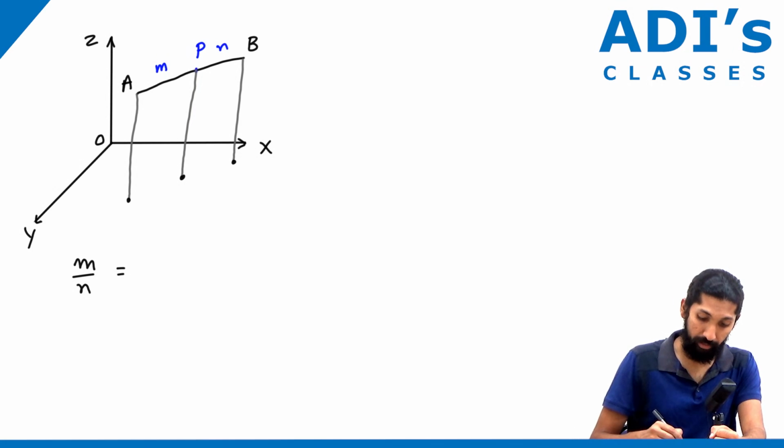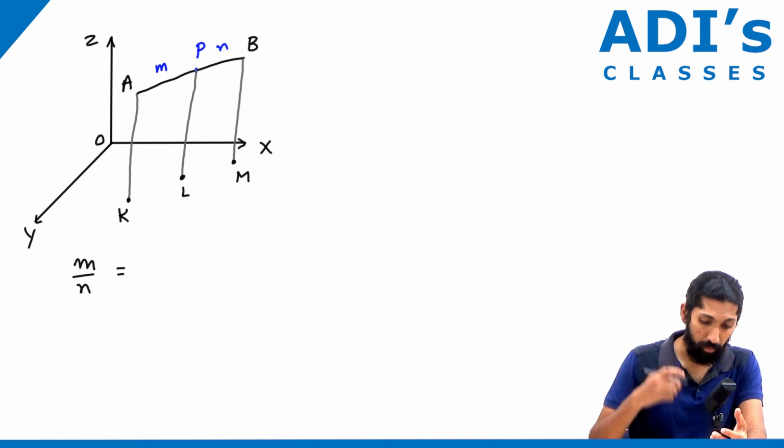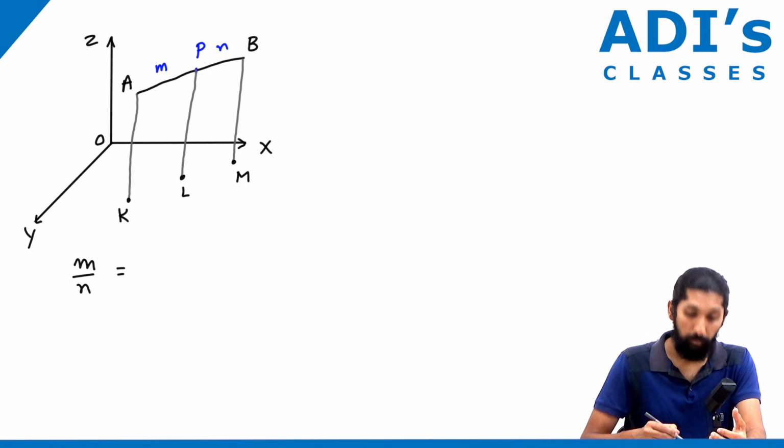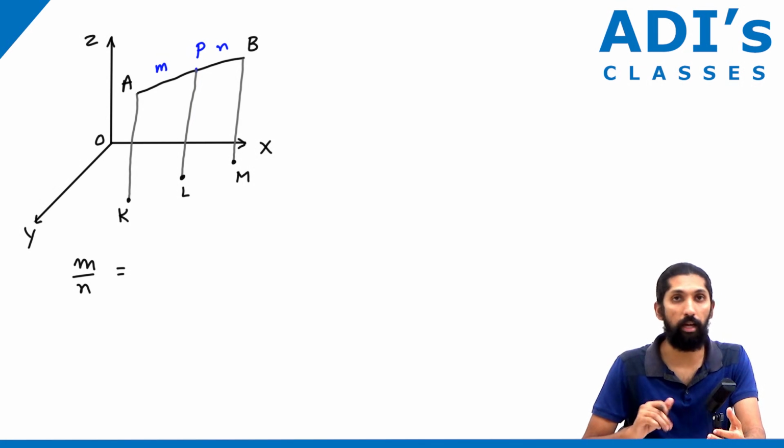Now, say this is K, L and M, some points. To get to point K, we just have to do x1 in the x-axis, y1 in the y-axis, which is in the xy plane. Very easy to calculate.